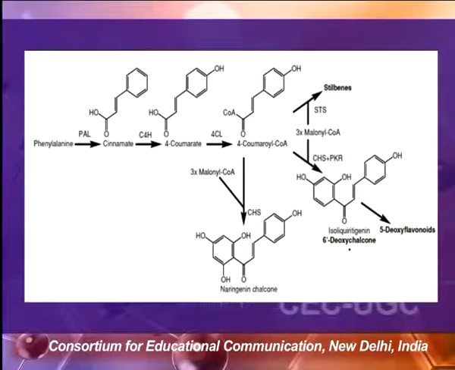On the one side it is giving rise to stilbenes. On the second side, with the help of chalcone synthase and polyketide reductase, it gives rise to 6-deoxychalcones. And on the third side, again with 3 malonyl-CoA molecules, it reacts with chalcone synthase to give rise to naringenin chalcone. Now from naringenin chalcone, various other classes of flavonoids are synthesized.